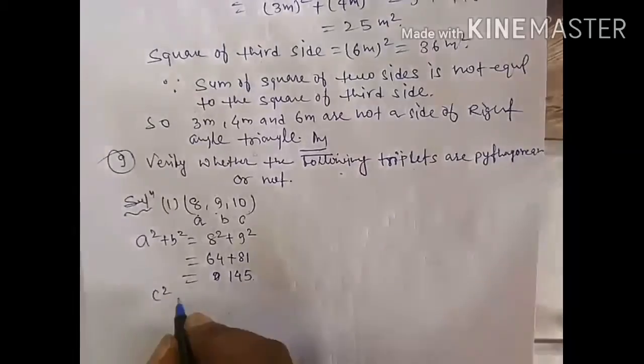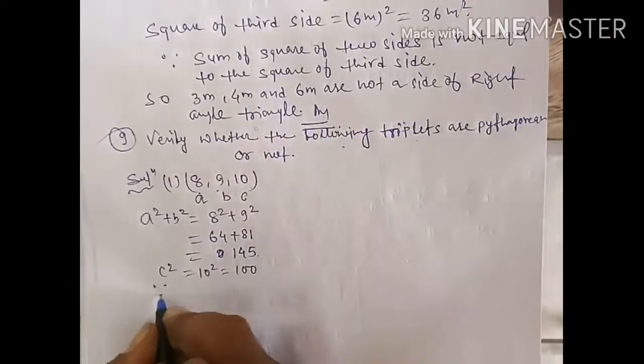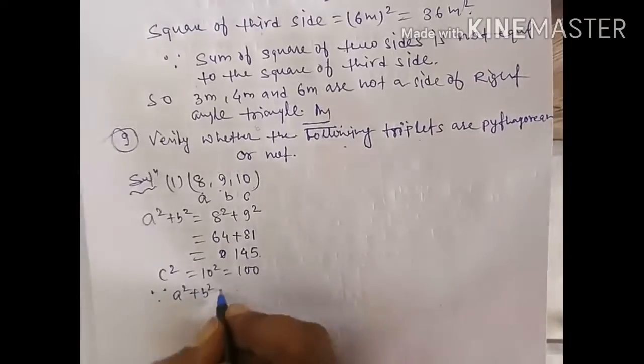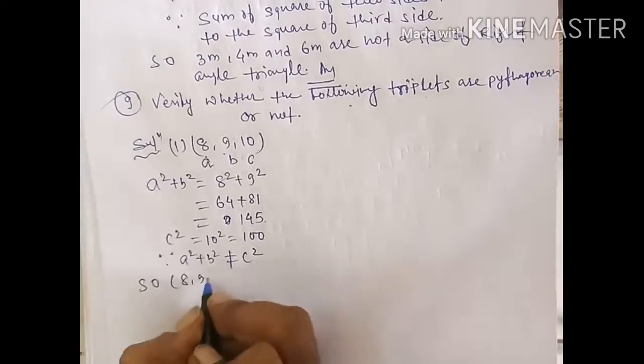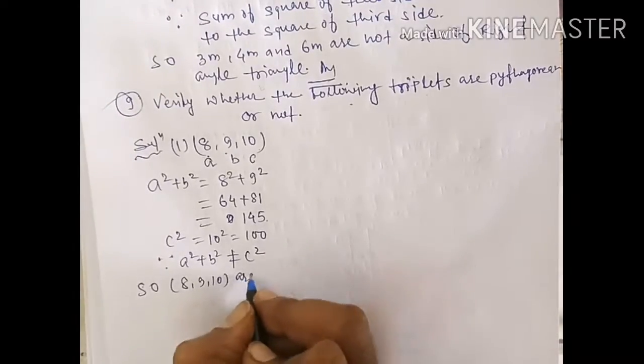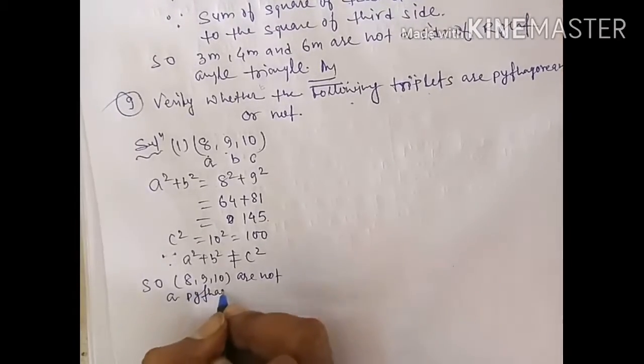Now C square is equal to 10 square, that is 100. Since A square plus B square is not equal to C square, so 8, 9, 10 are not a Pythagorean triplet.